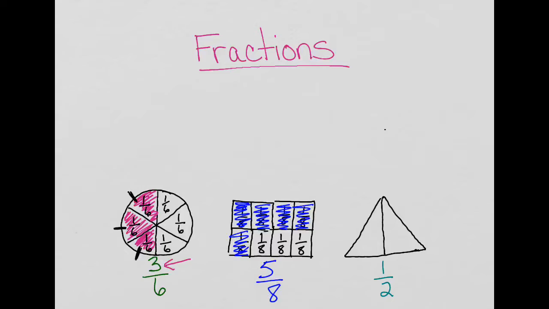Now we're going to do one piece out of 2. Because we can see there are 2 equal pieces. So we're going to color in one of those. 1 out of the 2.